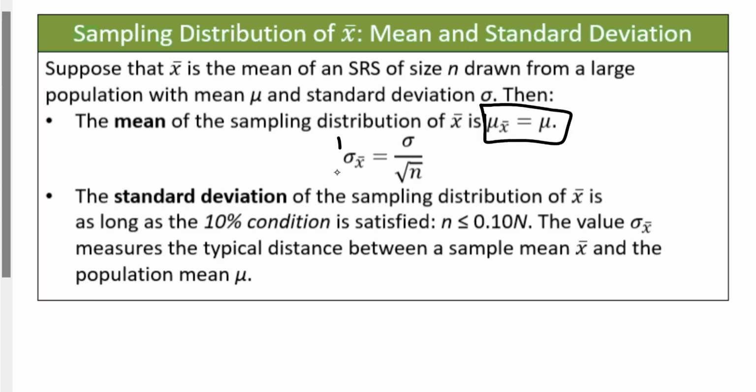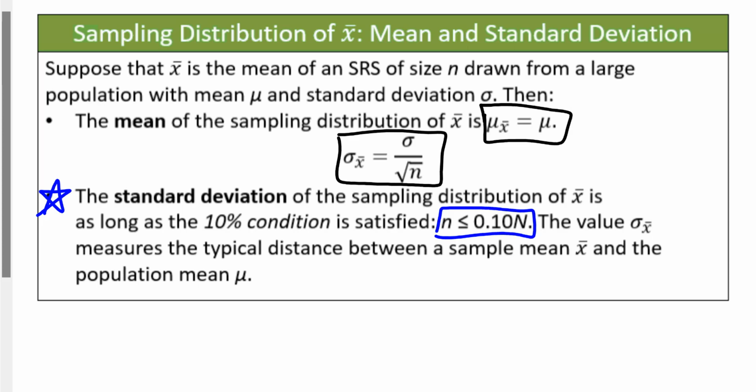The standard deviation is sigma over the square root of n. And note, just like we've been learning, big star here, the standard deviation of the sampling distribution of x bar is that as long as the 10% condition is met. We must know independence before we do that. Okay? So again, a reminder of that 10% condition.